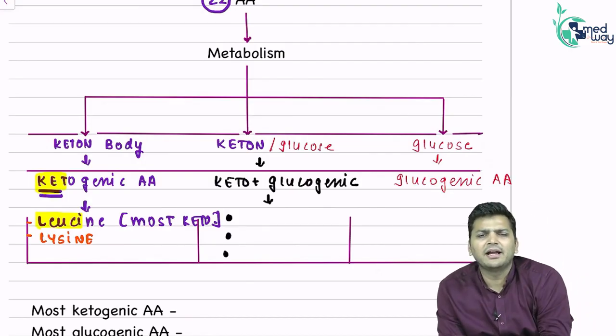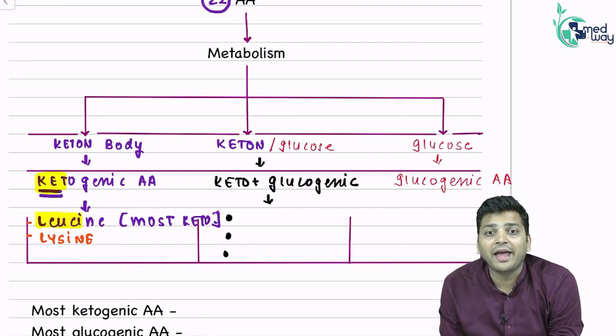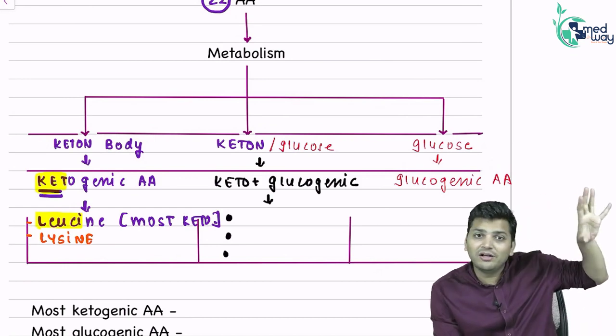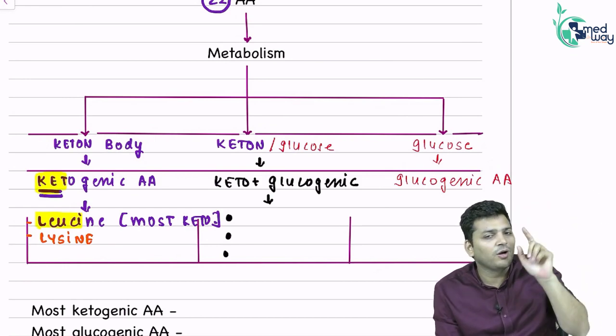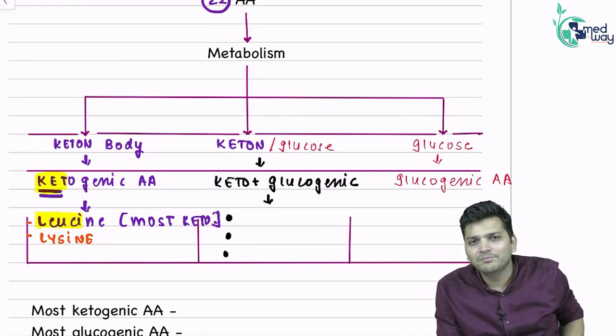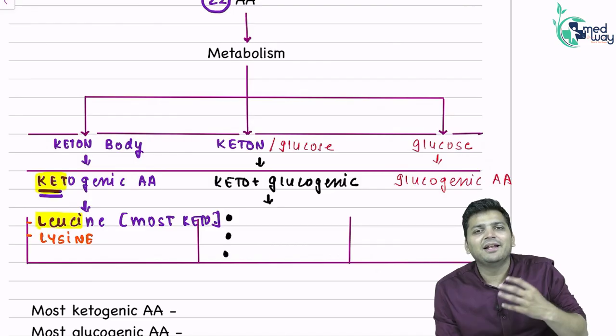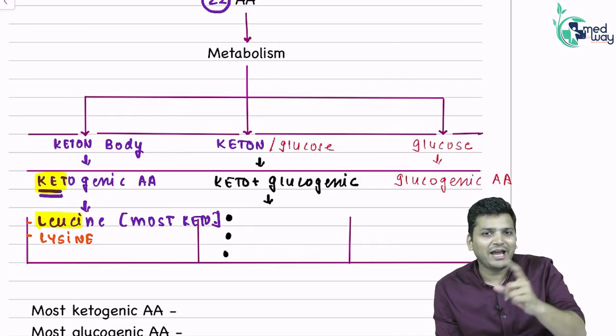When it comes to the keto plus glucogenic, before I write the examples of the amino acids, can you answer me which amino acids are aromatic? Remember the story, wherever there is a smell, what will come there? Fan. So what are the aromatic amino acids we have? Tryptophan, phenylalanine, and tyrosine.